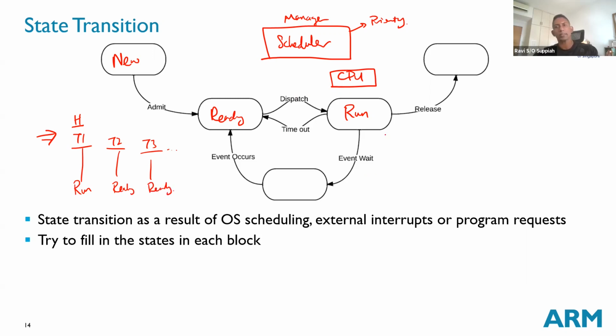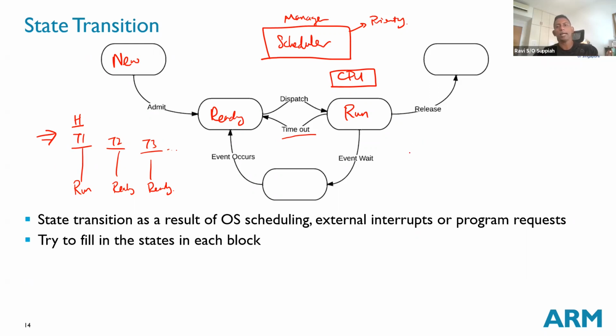When task 1 is running, it is doing something, but along the way some things can happen. Firstly, it can choose to have its own timeout. It can voluntarily give up the CPU for some time so that other tasks can run.